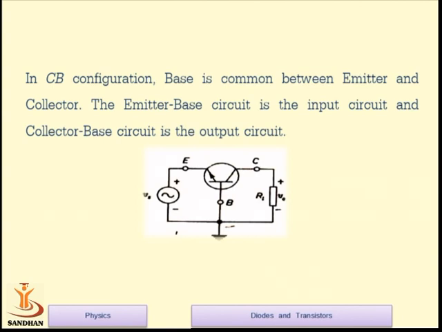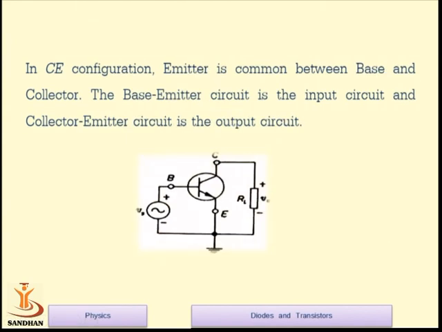The positive of your input is connected to the emitter and the negative of your input is connected to the base. In the same way, you take your output from the collector, where the positive of your output is connected to the collector and the negative of your output is connected to the base. So base is common in input and output. That's why this configuration is considered a common base configuration.